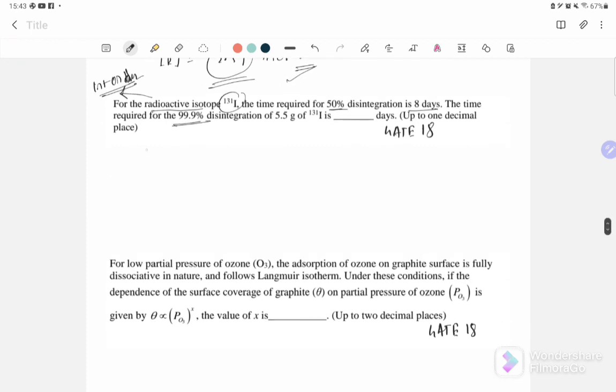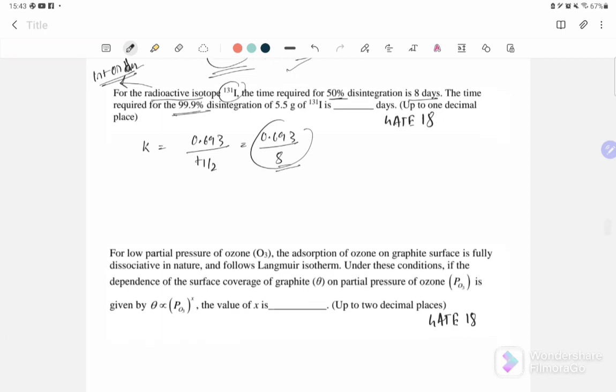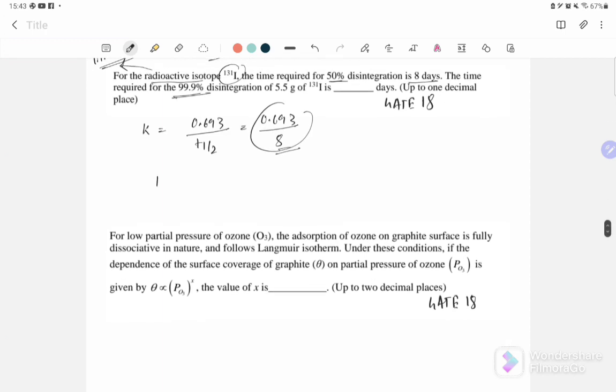First we have to calculate K, the rate constant, from T half, that is 0.693 by T half. T half is 8, so K is 0.693 by 8. We got the K. Now the equation: t is 1 by K ln a by a minus x.